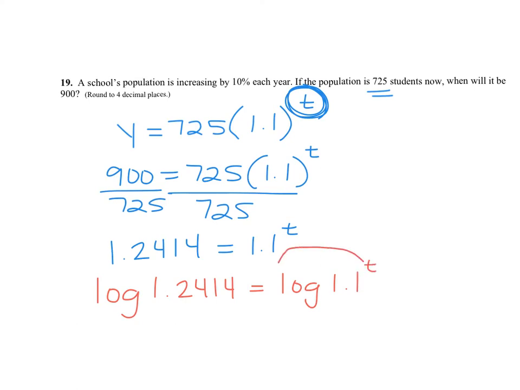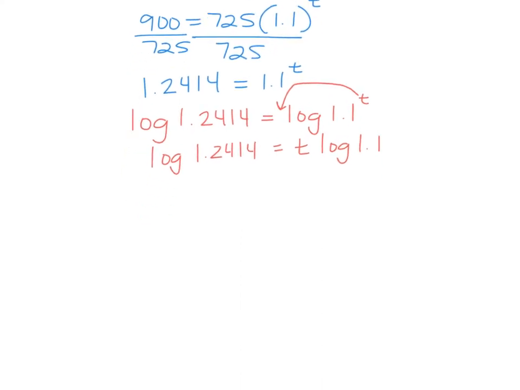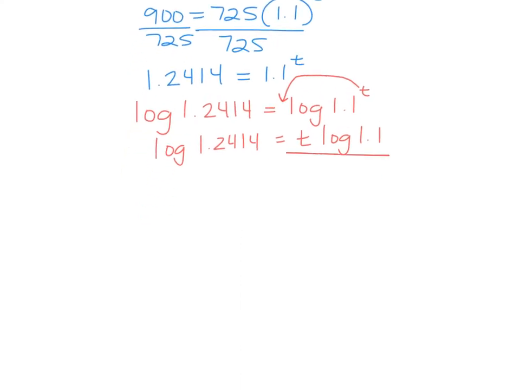That's going to go out in front. So it's log 1.2414 equals t log 1.1. And then what? Divide with parentheses, right? Divide by log 1.1, divide by log 1.1, so this is gone.